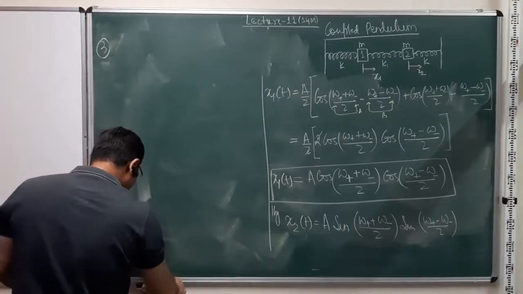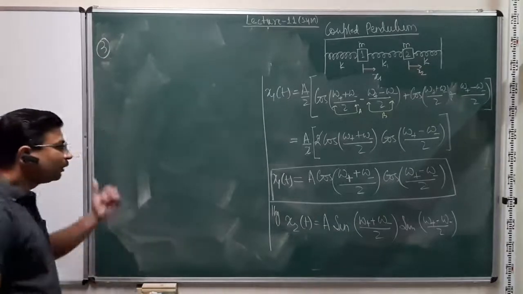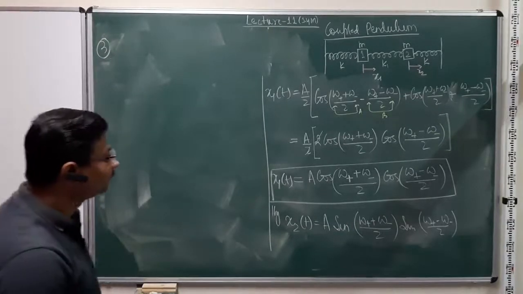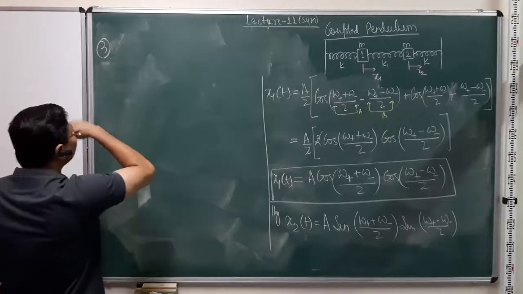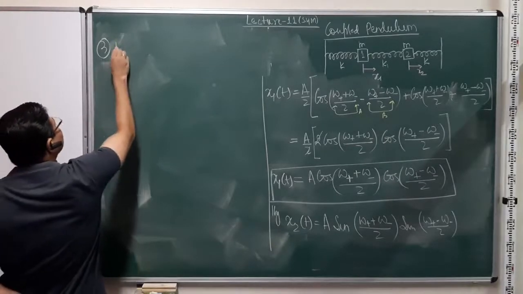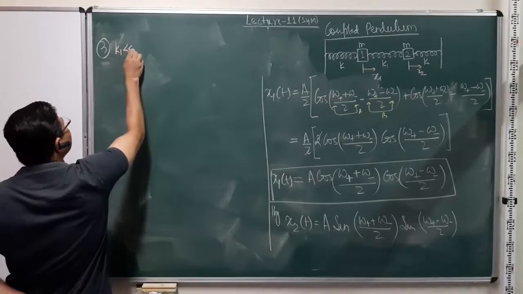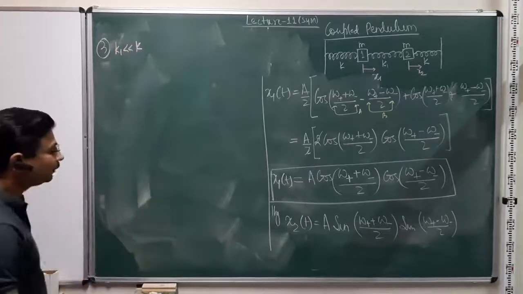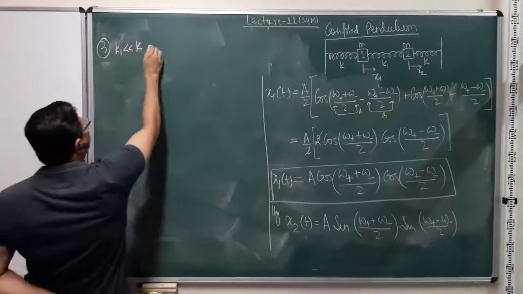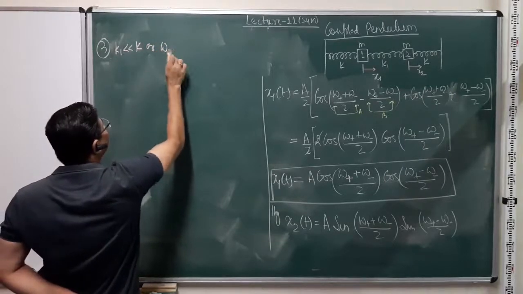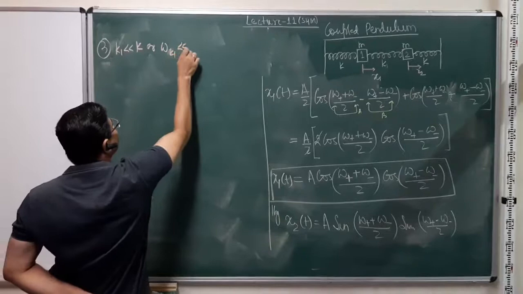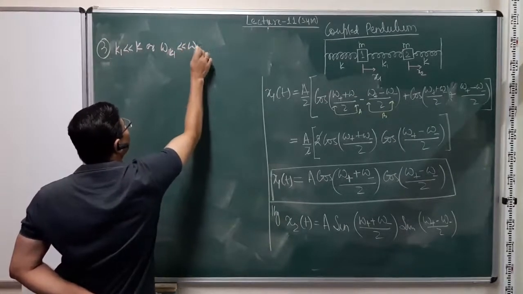Now to relate it to the problem that you tackled during your laboratory sessions, let us say this K1 is much less than K. Or the same thing we are saying is omega K1 is much less than omega 0.